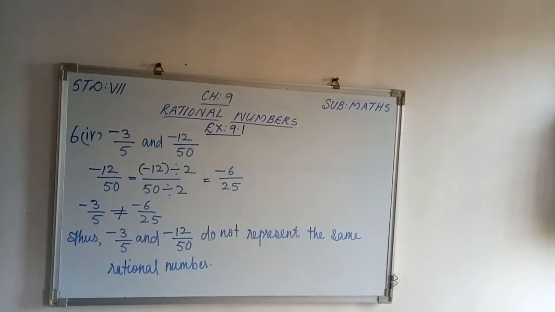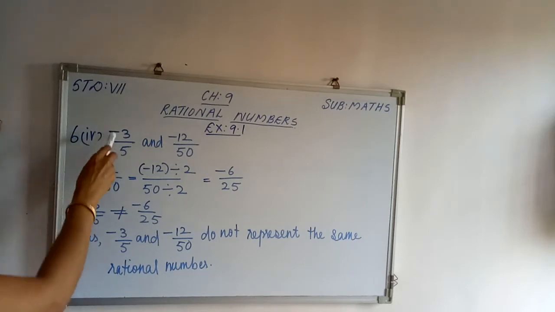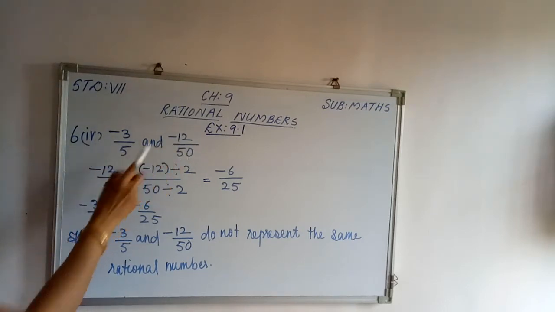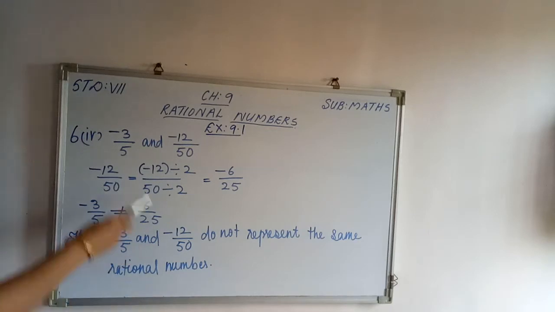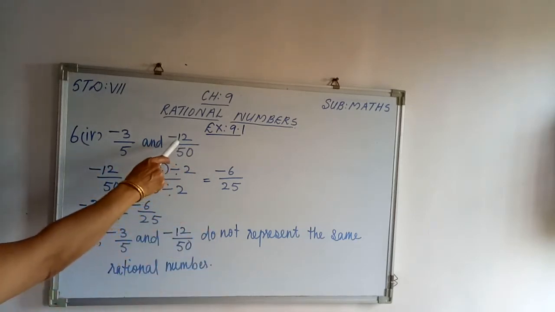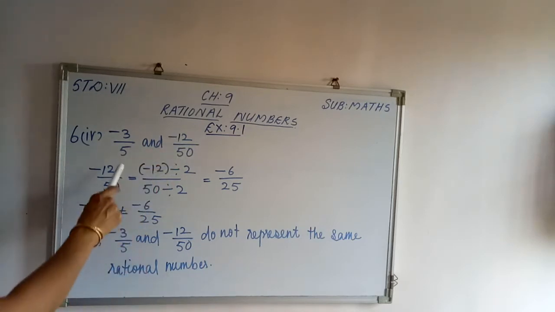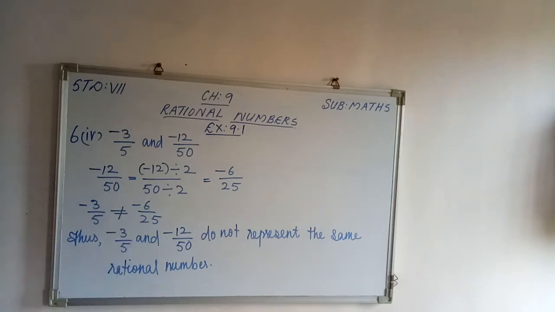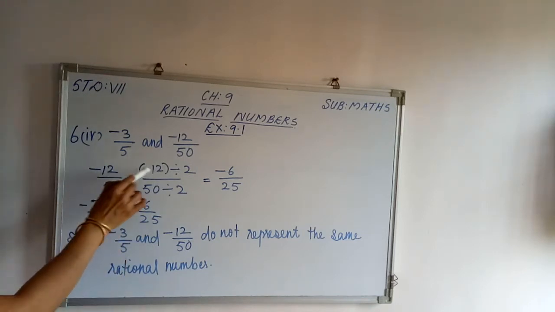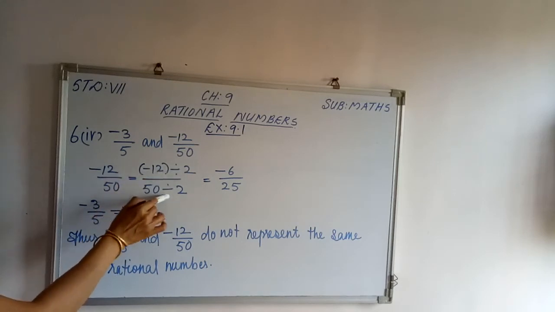See the fourth one. Minus 3 upon 5 and minus 12 upon 50. See, minus 3 upon 5 is in the simplest form. So, convert this minus 12 upon 50 to the simplest form. We can divide by the highest common factor. That is, minus 12 divided by 2, 50 divided by 2.